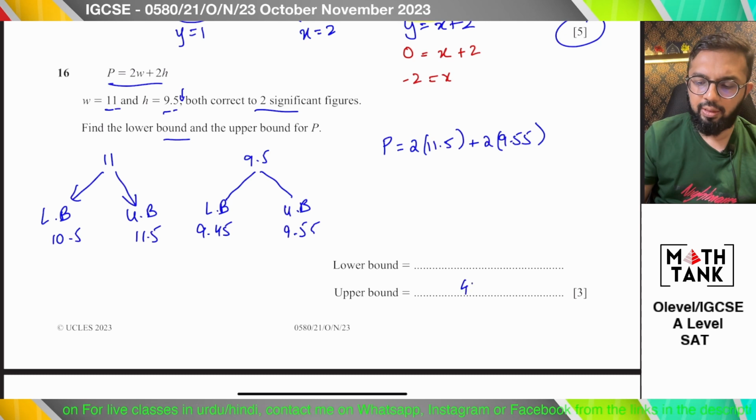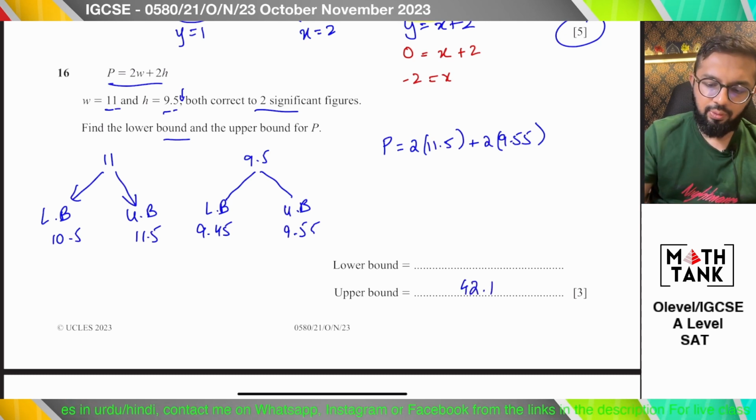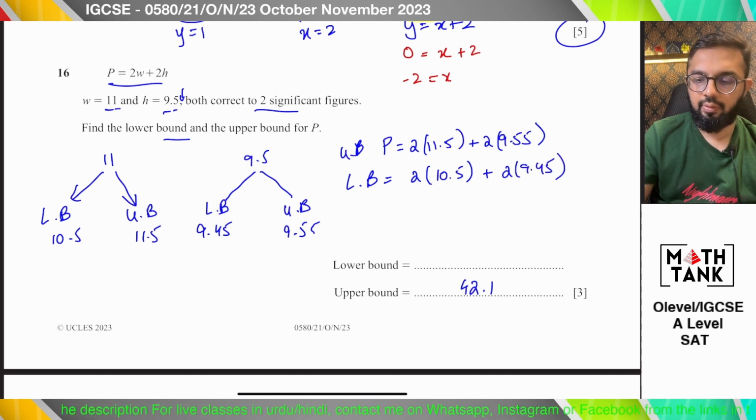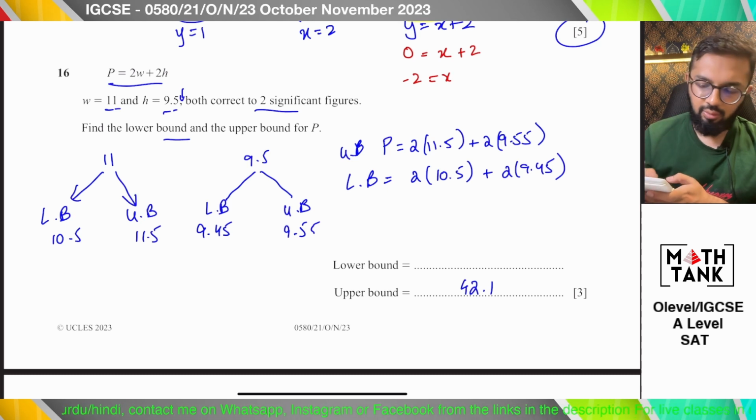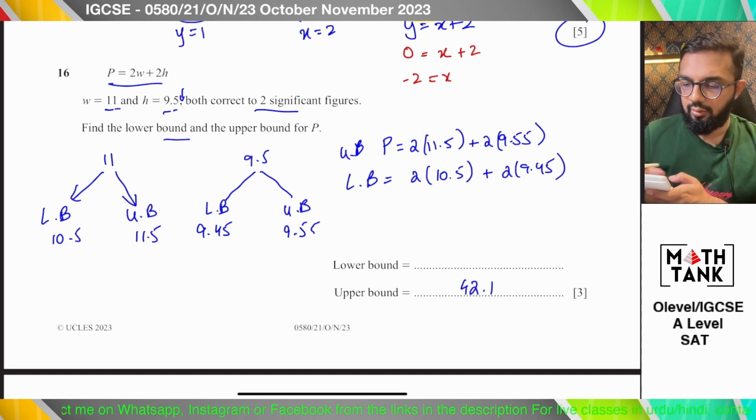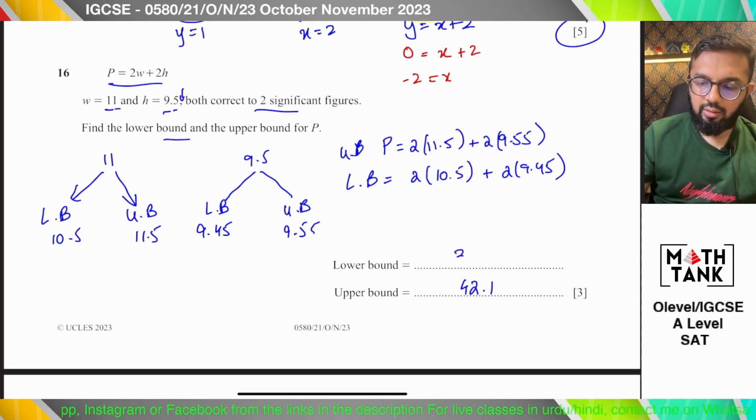I get 42.1, and then for the lower bound, I get 2 times 10.5 plus 2 times 9.45, which is 39.9. That is my correct answer.